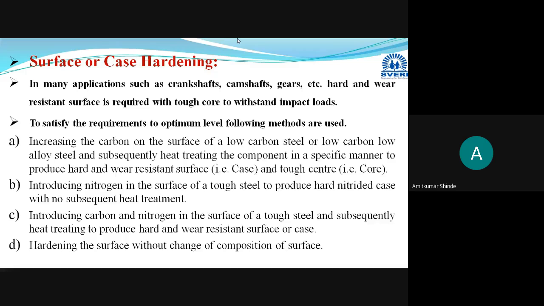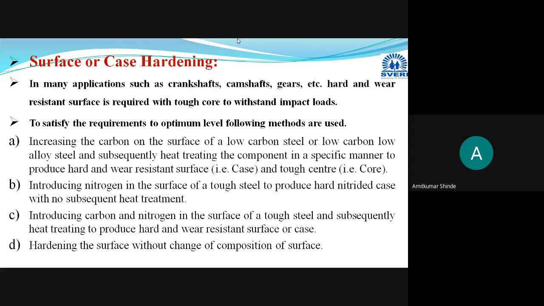Another choice is high carbon steel. High carbon steel will provide the required hardness and wear resistance, but it will not provide the toughness needed to withstand impact loads during practical use. So you cannot go for low carbon steels, nor for high carbon steels.